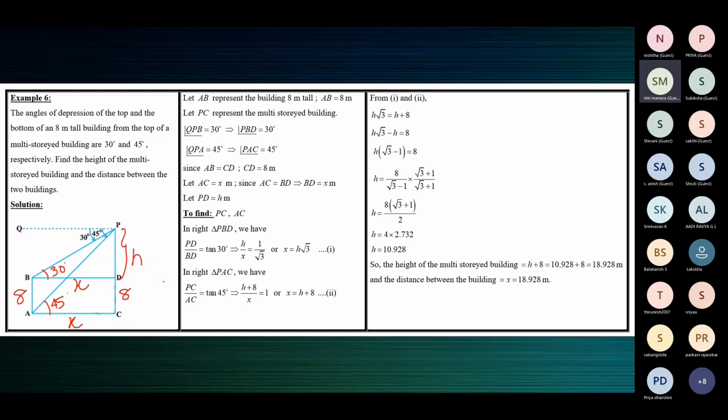Okay, ma'am. I understand your question because practically, if the distance between the buildings is 18.928, you will say it's 19 meters approximately. Your question is sensible, but we normally don't round it off. We leave it as a decimal like that.